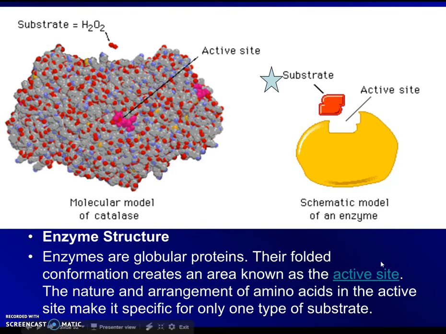So this is an example that I'm going to show you, kind of a model of an enzyme structure. Enzymes are globular proteins, like I said just a moment ago. The way they fold up creates a place called an active site. This is kind of like the particular place in a lock that a key actually goes. The nature and arrangement of the amino acids in the active site make it very specific.